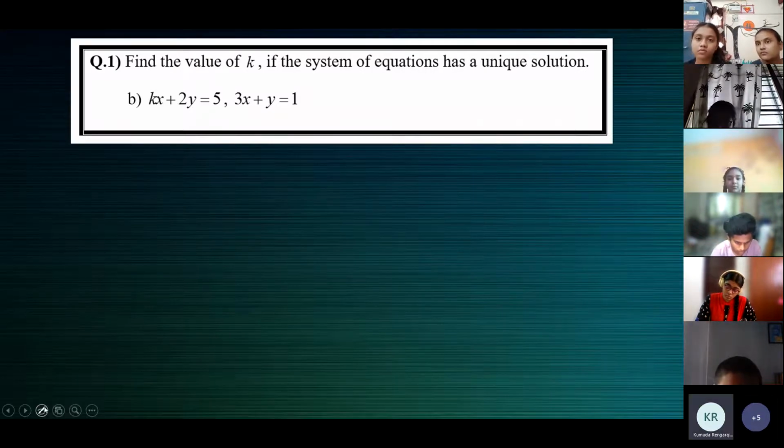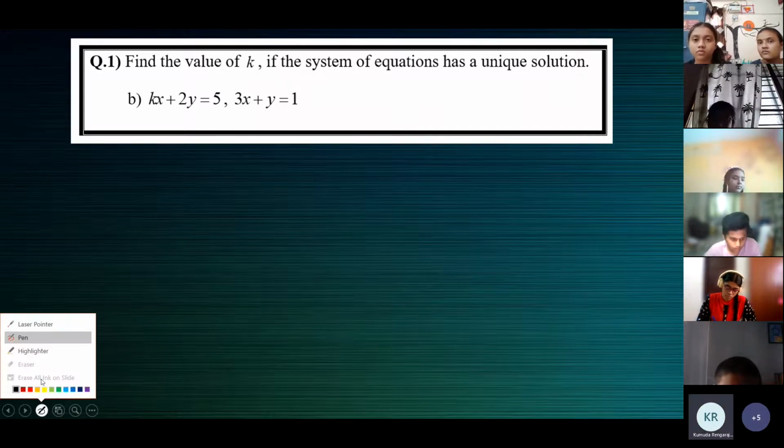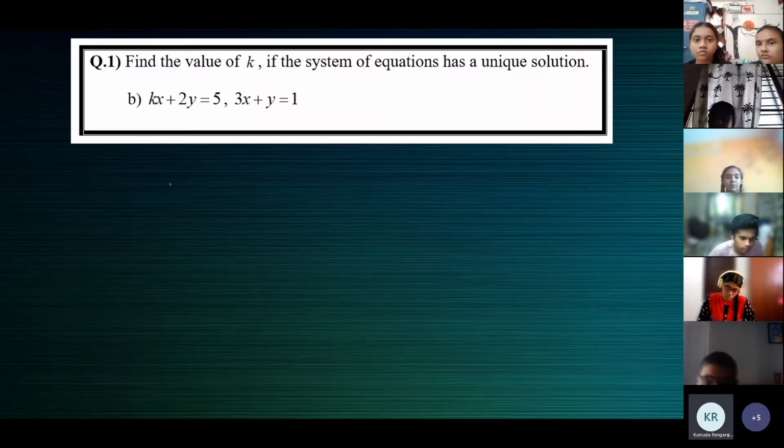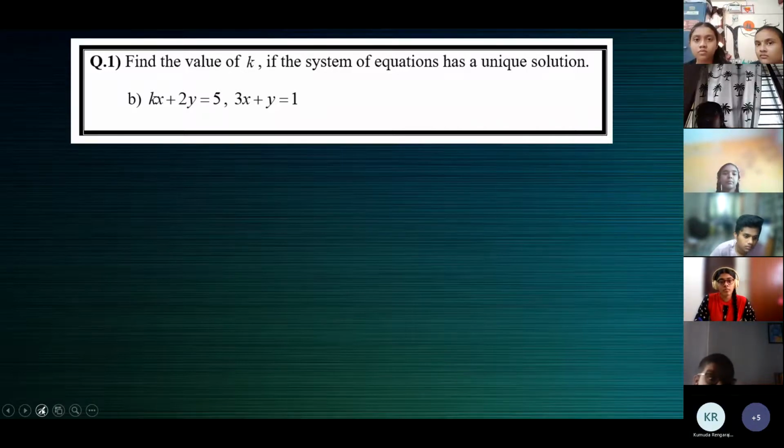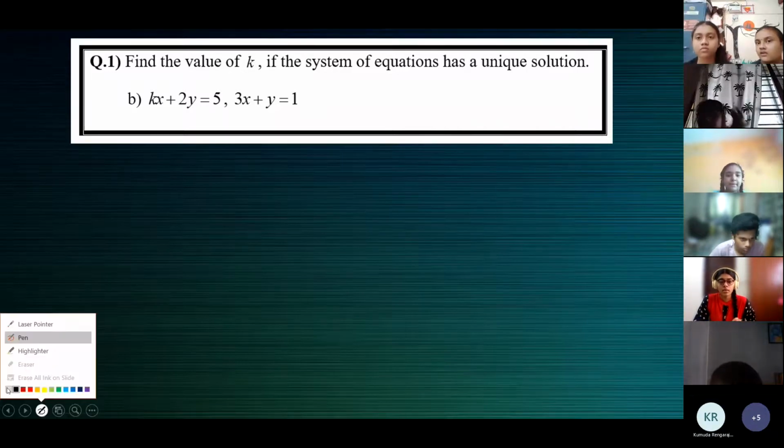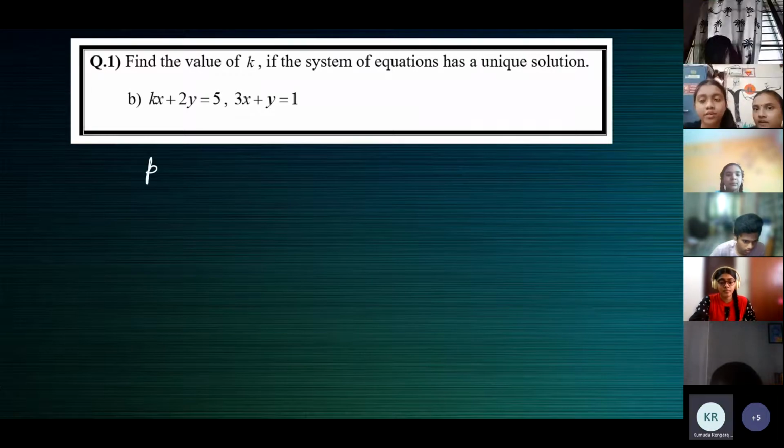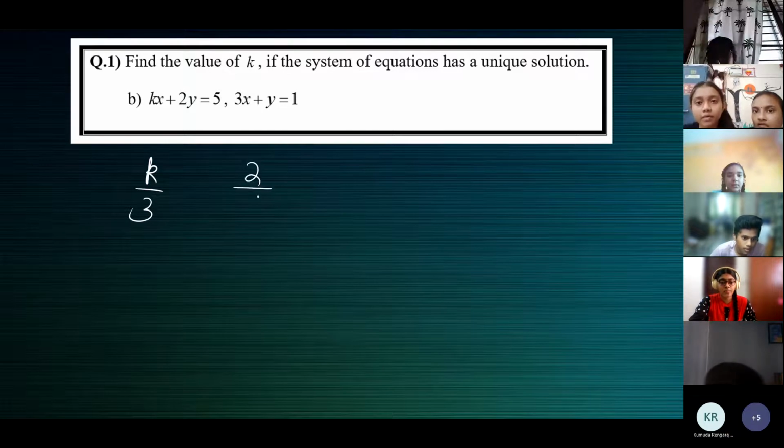Now tell me. No, I'm not giving you time to write. Let's just understand a couple of sums. What is a1 by a2? K by 3. What is b1 by b2? 2 by 1.